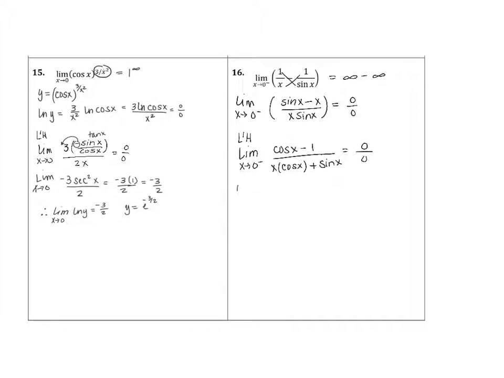So, yay, let's do L'Hopital's rule one more awesome time. And so derivative of cosine negative sine x over, oh dear, well, let's see, down there we have the product rule. So we have the first times derivative of the second plus second times derivative of the first, and then we have plus derivative here is going to be cosine x.